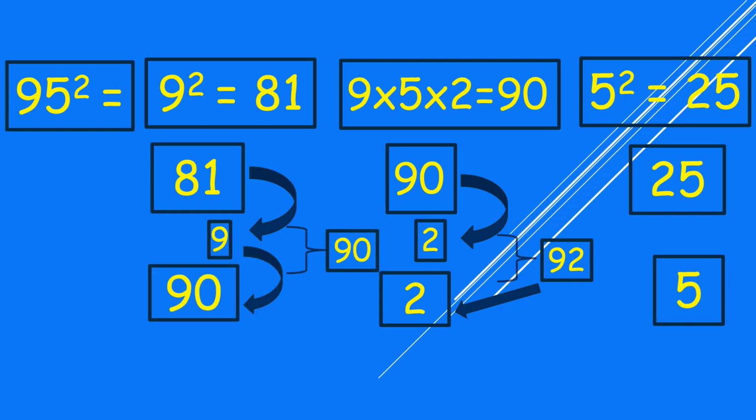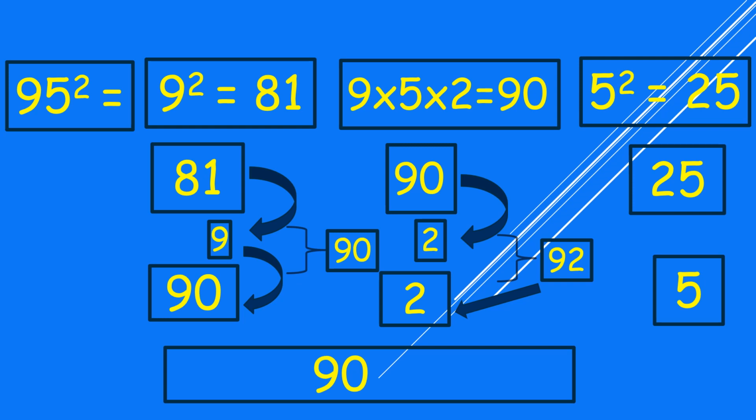So we have 90 as the first term. The first term can have more than one digit, but for the middle and the third term, we are only supposed to have one digit. So the final answer is 9025.